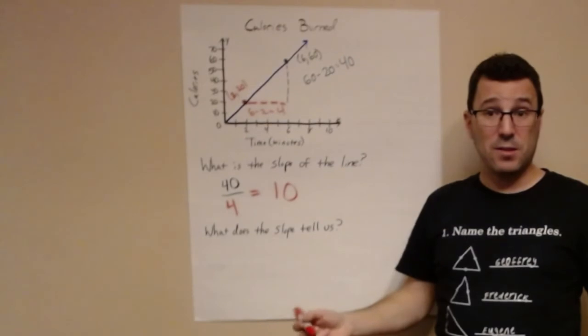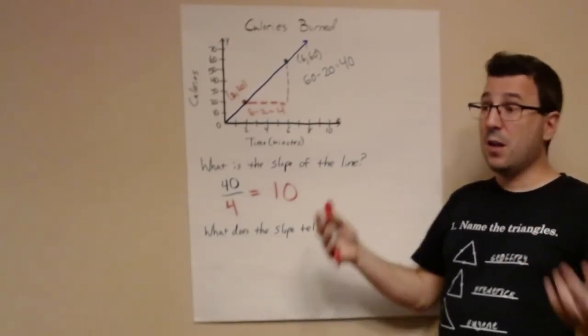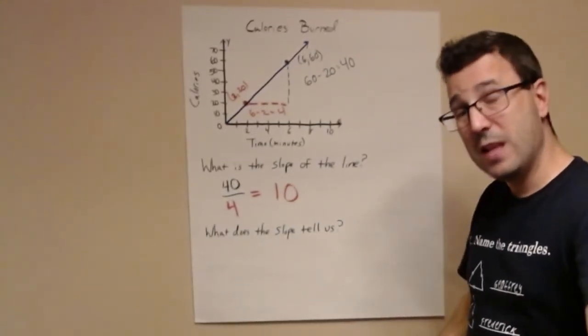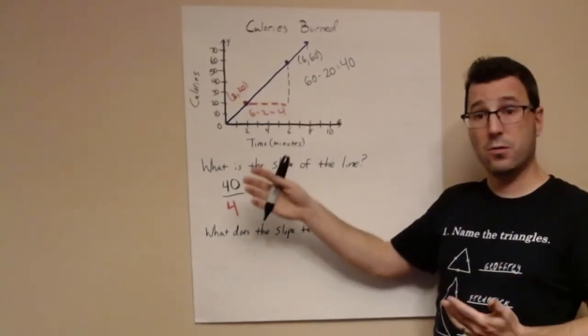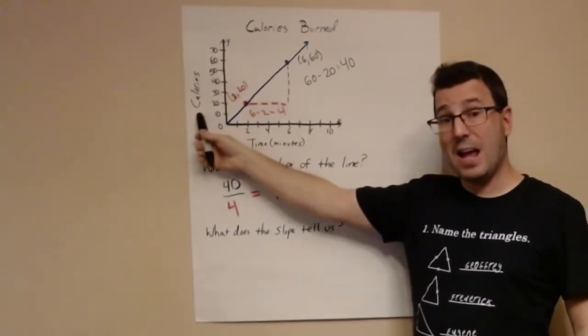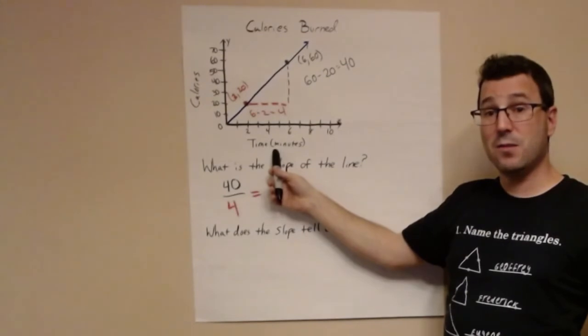So great, we have this slope. It's 10. What does it mean? What does it mean in the context of the problem? Well, that's why we have to look at our labels here. So we have calories for our y value. We have minutes for our x.